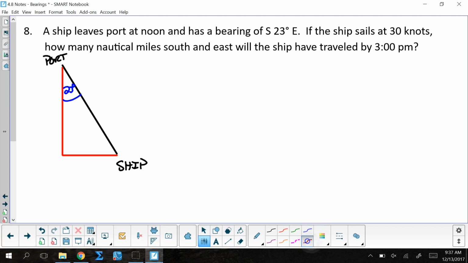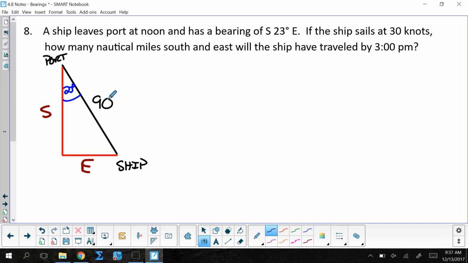So I need to find here south and east. Now, if it's traveling at 30 knots, what does that mean again? What's a knot? Nautical mile per hour, so it's a speed. And how long am I traveling for? For 3 hours. So 30 knots for 3 hours gets me how many nautical miles? Gets me 90 nautical miles.